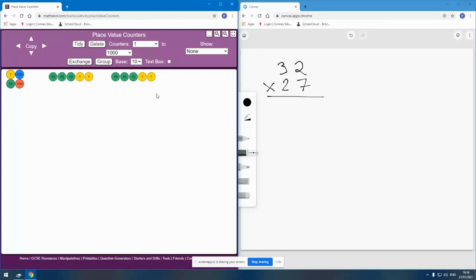So the way the long version of the column multiplication algorithm works is kind of like the short version in that it uses broadly a repeated addition style model for the multiplication. So here I've got my 2 ones, and I'm going to multiply those by 7 by repeating them 7 times.